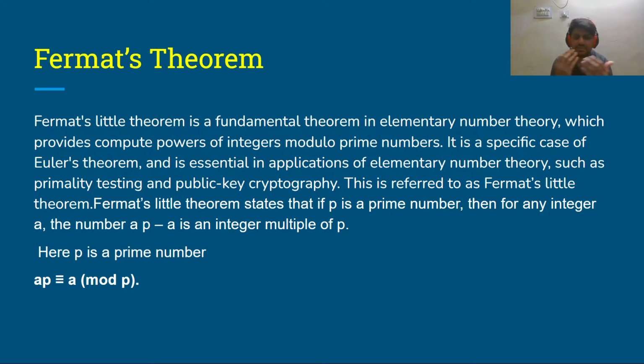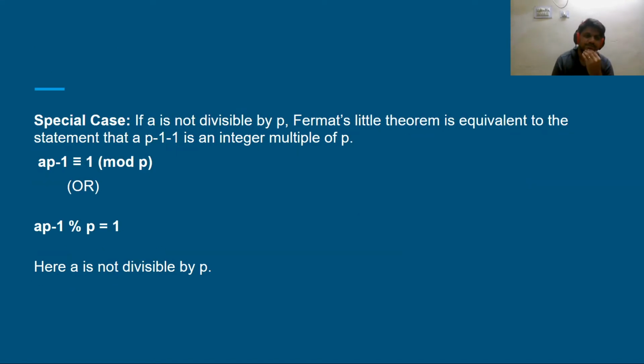Fermat's little theorem states that if p is a prime number, then for any integer a, the number a^p minus a is an integer multiple of p. Here p is a prime number. Now a^p is equivalent to a mod p.